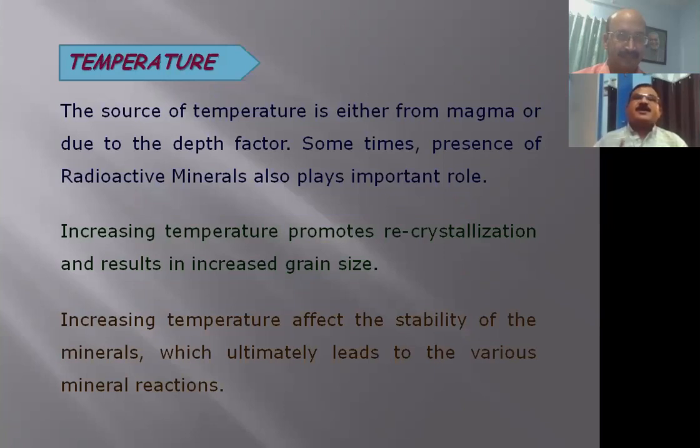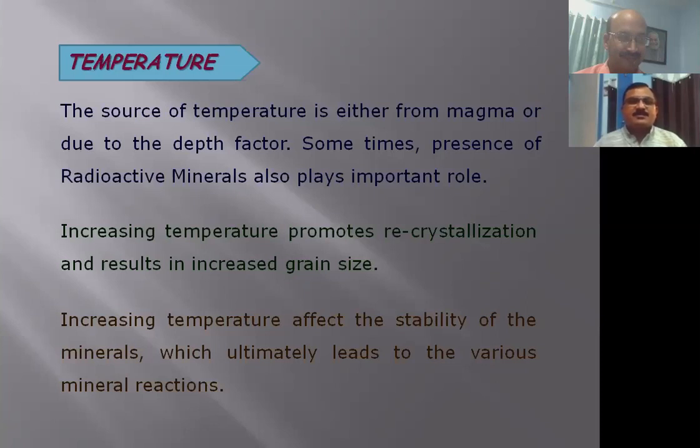One may be any intrusive body in the earth's crust that liberates heat from itself to the surrounding environment. So any plutonic body or magma body may produce heat to the country rock. Another one is the presence of radioactive decay, the presence of radioactive minerals.